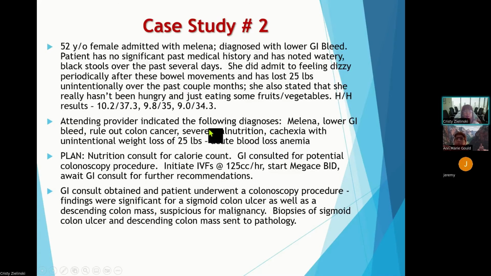So you just want to validate this by making sure there is dietitian documentation and what their diagnosis is. Sometimes the doctor will say severe malnutrition, but the dietitian will say it's mild. Severe malnutrition is an MCC, while mild or unspecified malnutrition is just a CC.